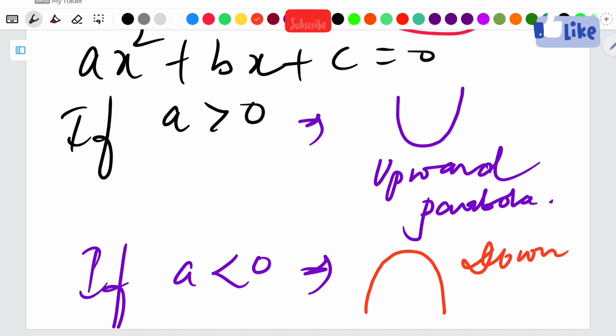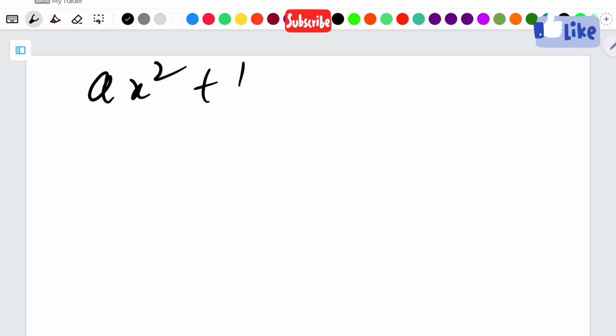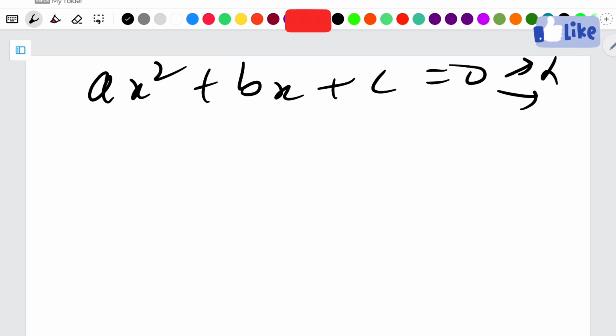Very important, downward parabola. So depending upon the sign of a, that is the coefficient of x square, if it is positive, the graph of the quadratic equation will be an upward parabola, and if it is negative, the graph will be a downward parabola. Okay, now see, if ax square plus bx plus c is equal to 0, one zero is alpha and the other one is beta.